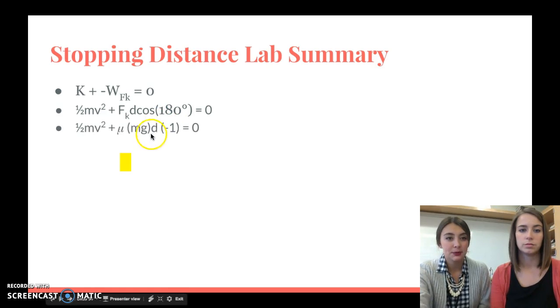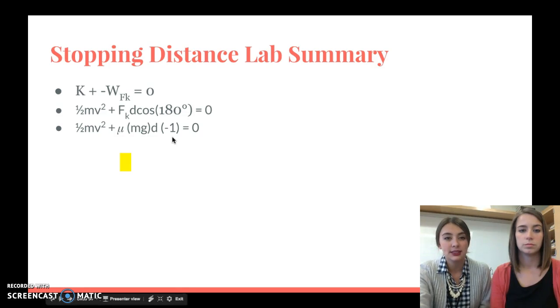Next, we can simplify even more. We know that the force of friction can be written as mu times Fn, and we know that Fn is also equal to Fg, so we have mu times mg times the distance. This section alone is W, force times distance, and then we take into account the -1 as we're going in opposite directions.